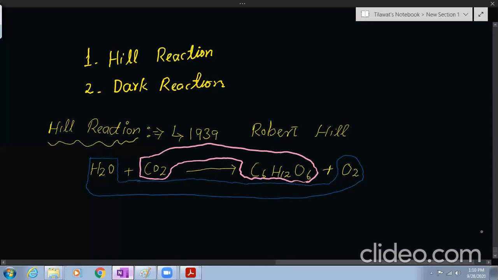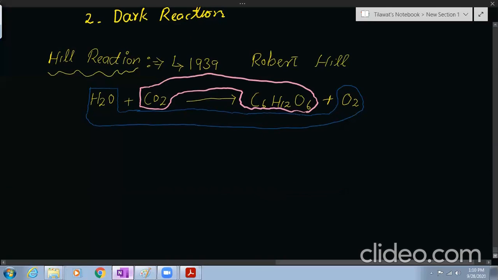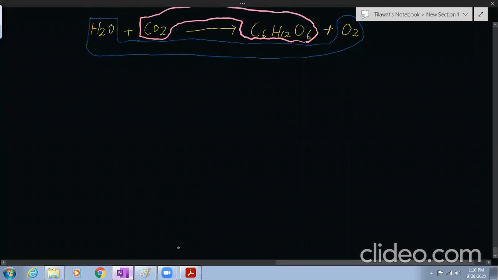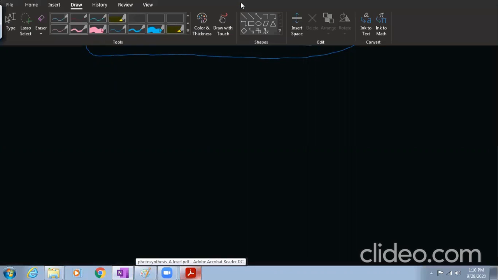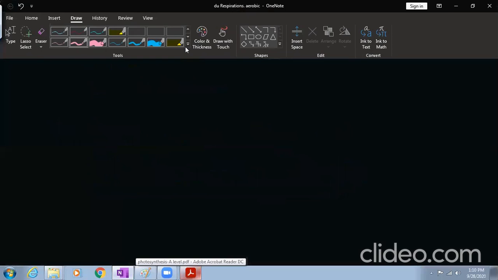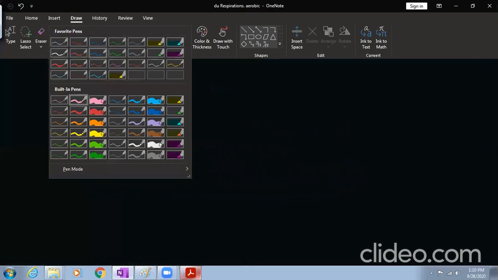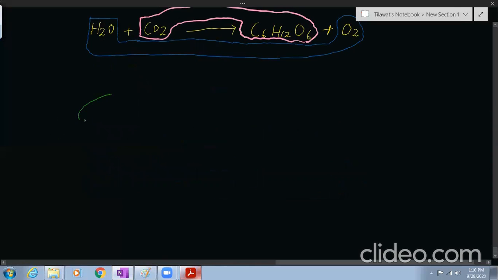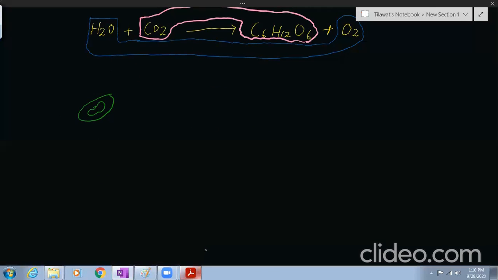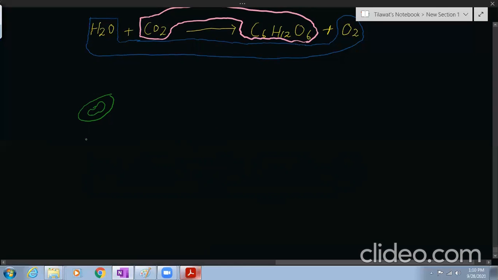How did he prove that? He isolated chloroplast and illuminated it with light.